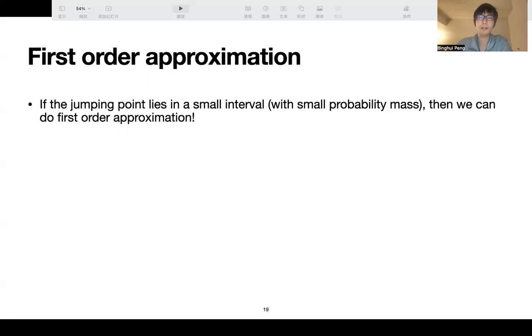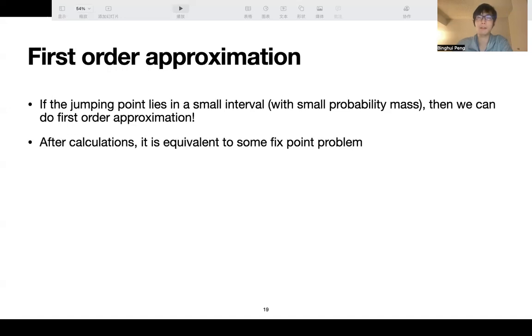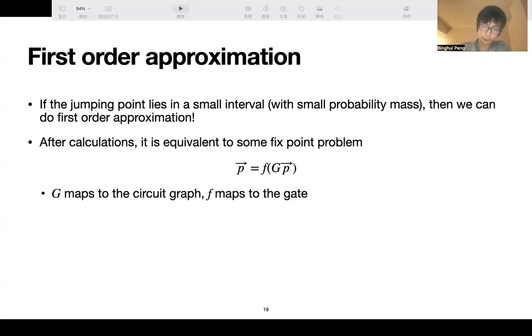The high-level intuition is that if the jumping point lies inside a small interval and also with small probability mass, then we can perform a first order approximation to the above equations. After some calculations, eventually we can reduce it to a fixed point problem.